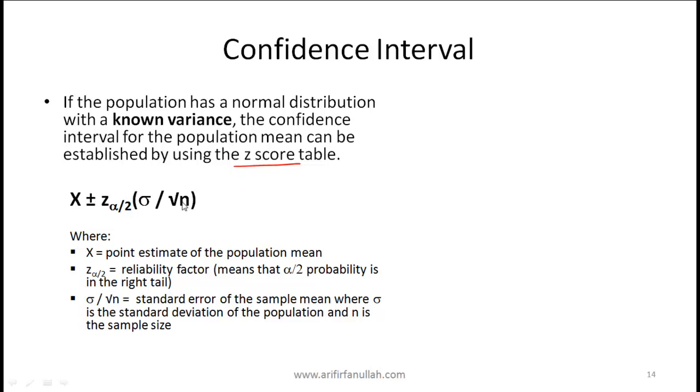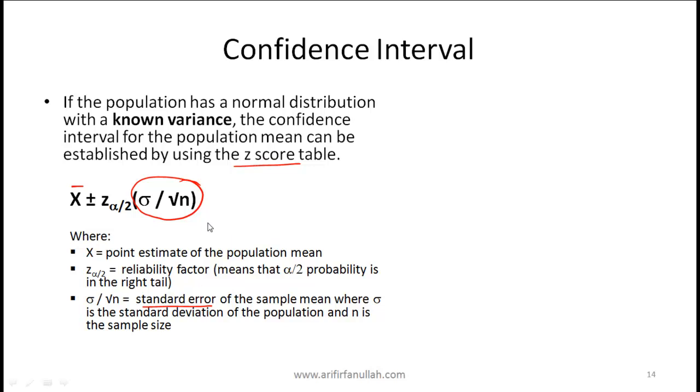In this case, the confidence interval becomes our point estimate plus or minus our reliability factor z alpha over 2 times the standard error, which is sigma, the standard deviation of the population, divided by the square root of n, which is the sample size. This, if you recall, is our standard error.